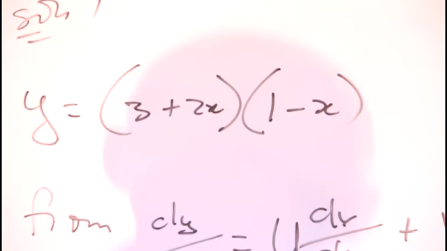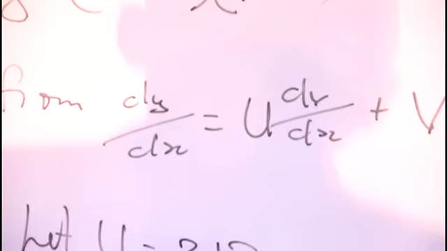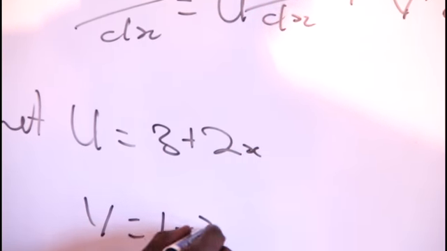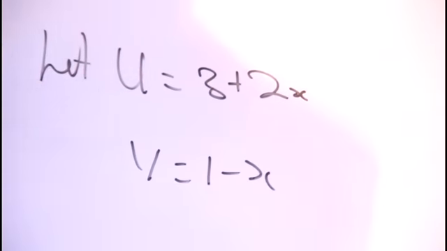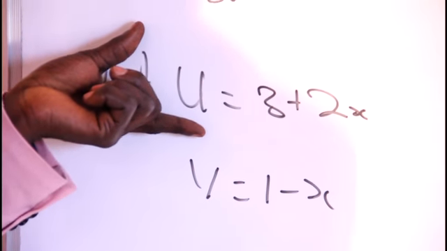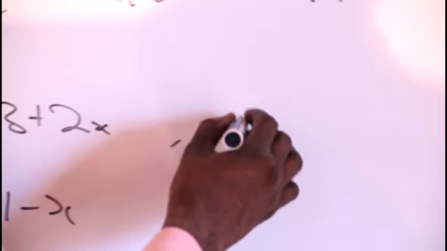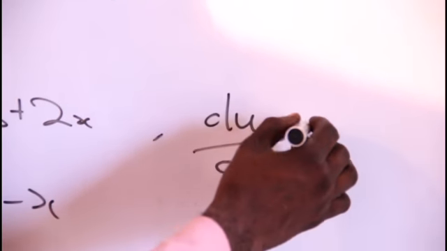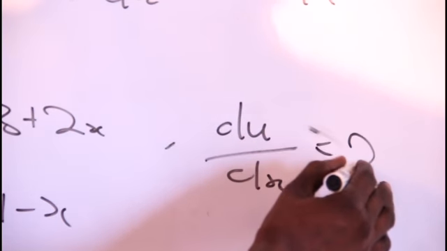That will be 3 plus 2x, and v being equal to 1 minus x. So if we are finding the derivative of the function u with respect to x, that will be du over dx, which will be equal to 2.